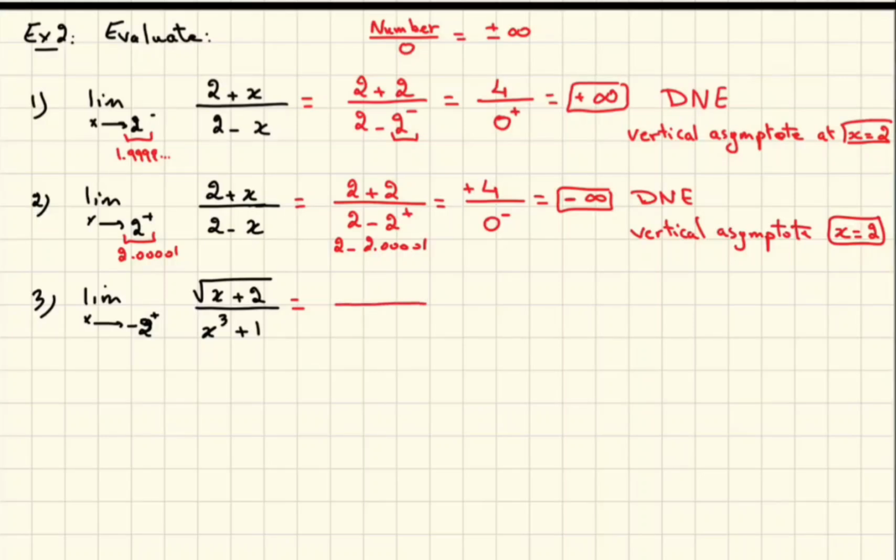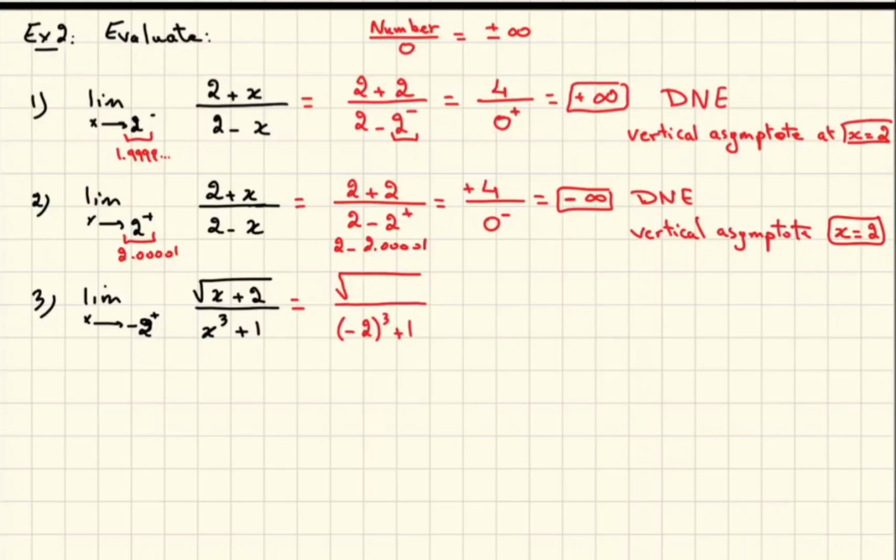Now, I said whenever we have a radical, we need to care about the plus or minus. So for the one down, I will write minus 2 cubed plus 1. As long as the answer, when I substitute the number, is not giving me 0, then no need to write plus or minus.